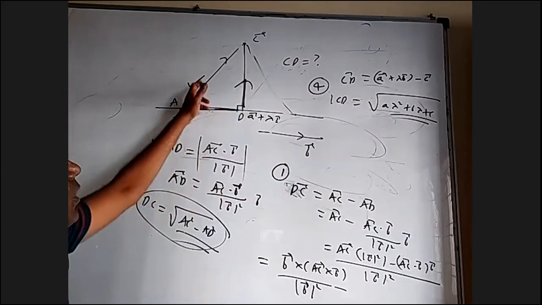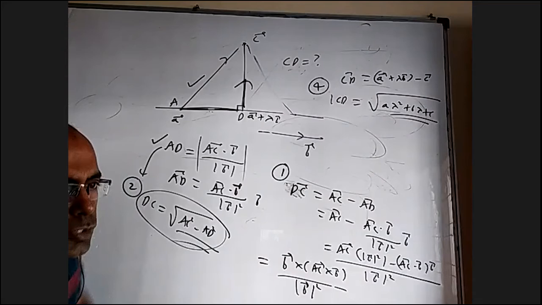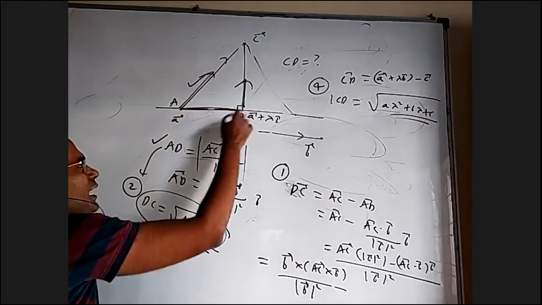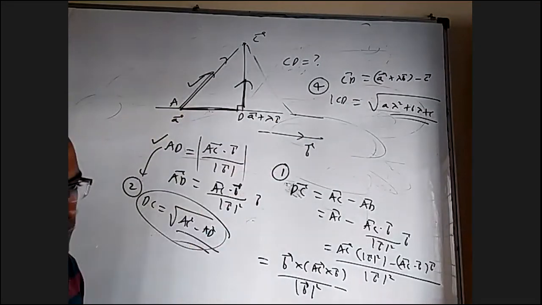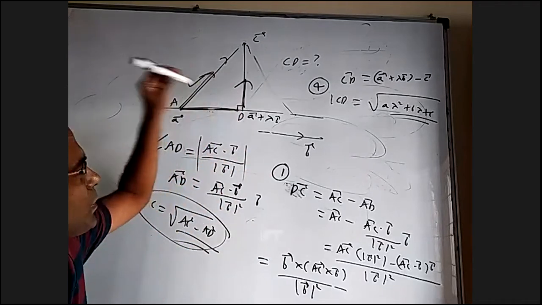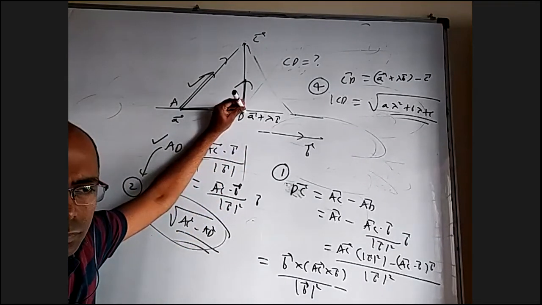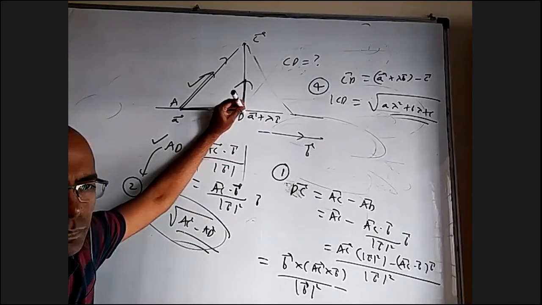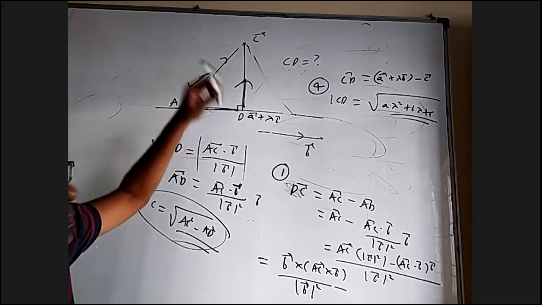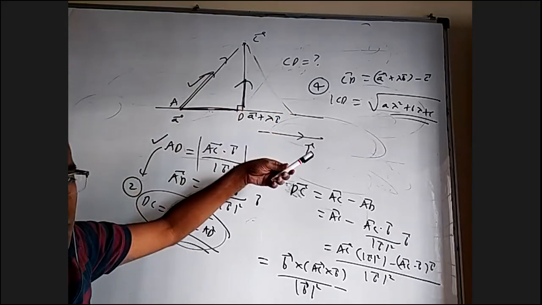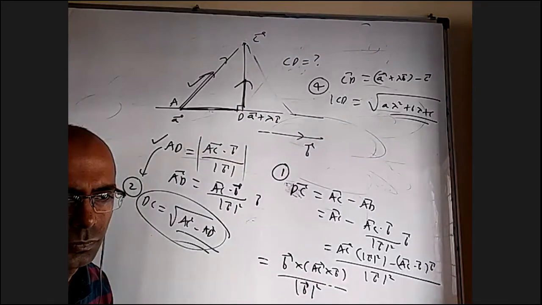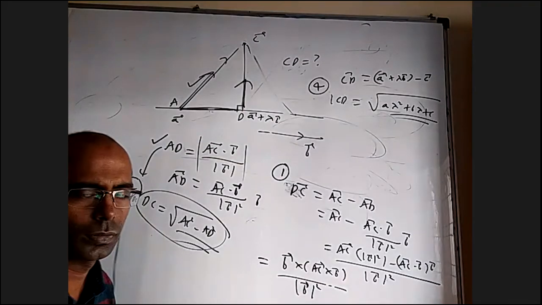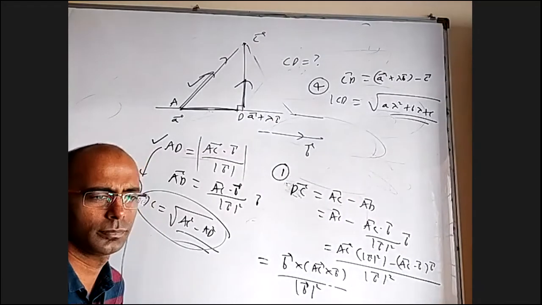But it should be in the plane of AC and B. If it is in the plane of AC and B, the vector is perpendicular to AC cross B also. Am I right? Yes. It is perpendicular to AC cross B and perpendicular to B, which means it is parallel to their cross product. That's why AC cross B cross B. Did you realize that? Yes.